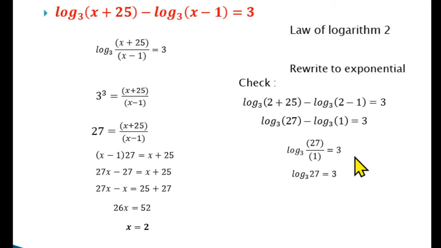This can be rewritten into its exponential form, which is 3 cubed equals 27. 3 cubed is equal to 27, so we got 27 equals 27. Since we have satisfied our logarithmic equation, this means that x equals 2 is a solution to our logarithmic equation. Now let us go to our last example.